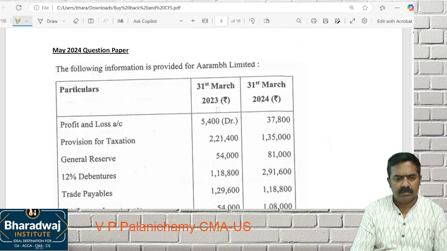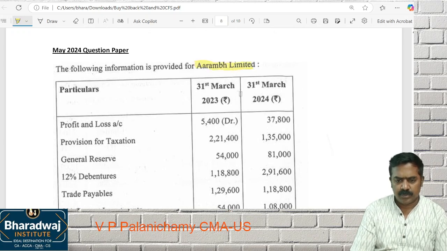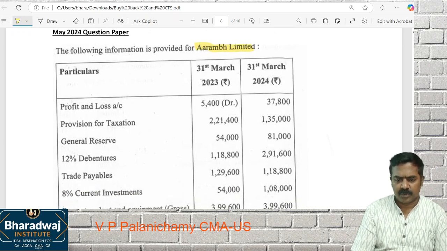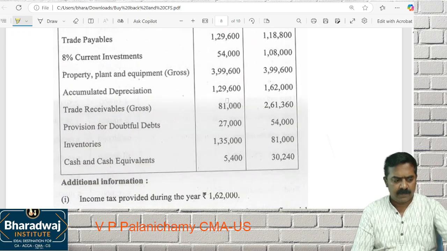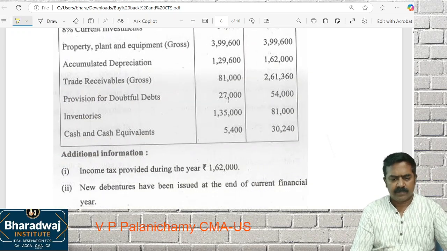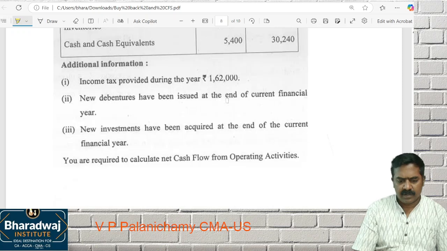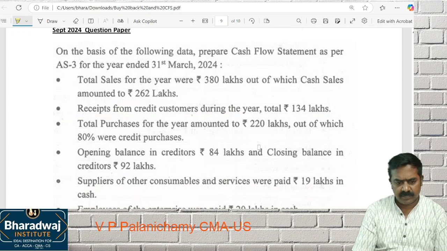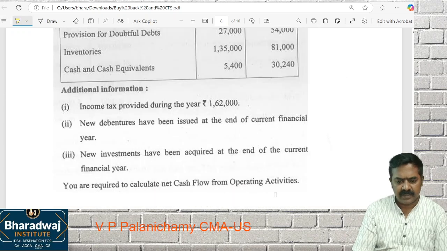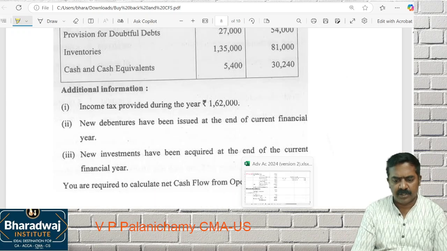This is a May 2024 question paper. They've given opening balance first and closing balance next. They ask you to work out cash from operating activity.